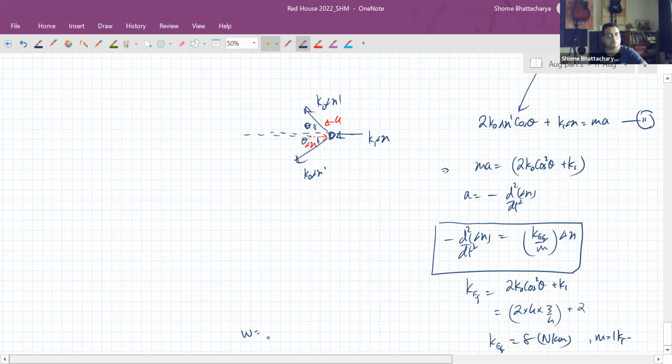So my omega will come out to be... okay. So the constraint relation in a problem like this becomes a little tricky, as you can see.